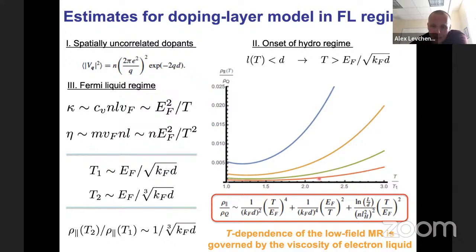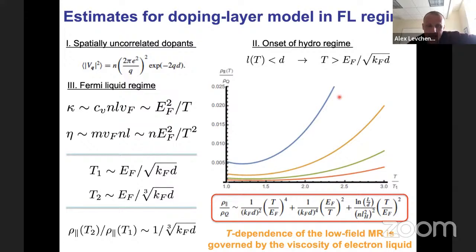So it means that the interplay of these two terms, thermal conductivity growing as a function of temperature while viscosity decreases, gives you an initial downturn of resistance at the onset when you enter the hydrodynamic regime, but then the thermal conductivity term overcomes, and so you get this growth of resistance.